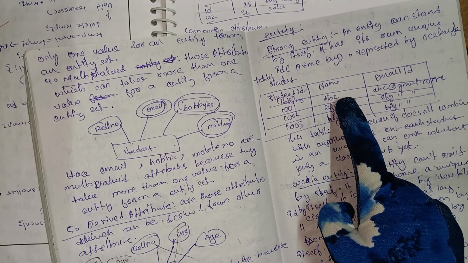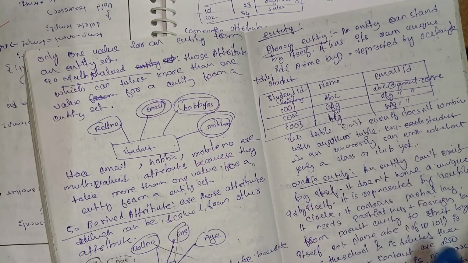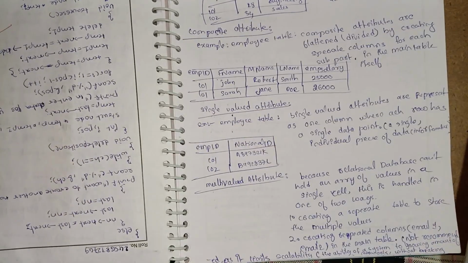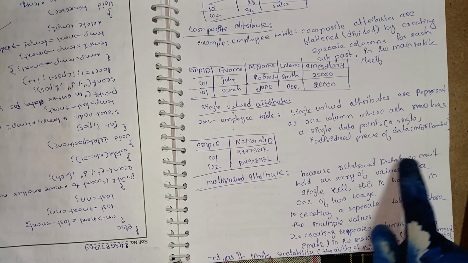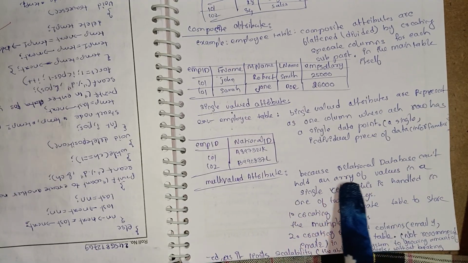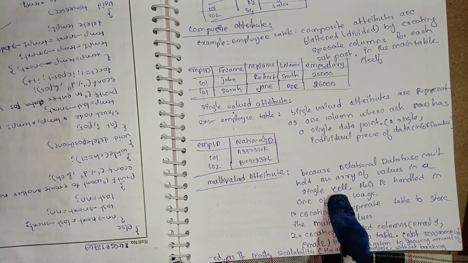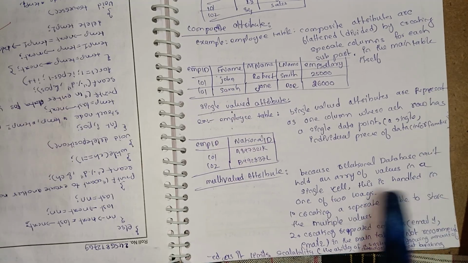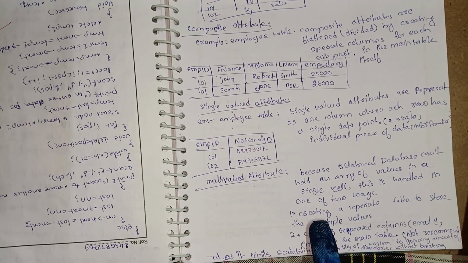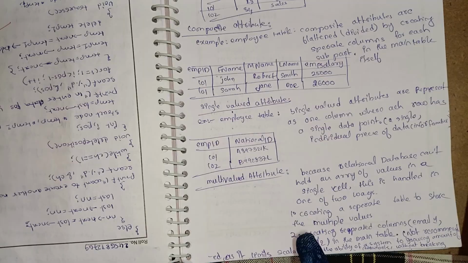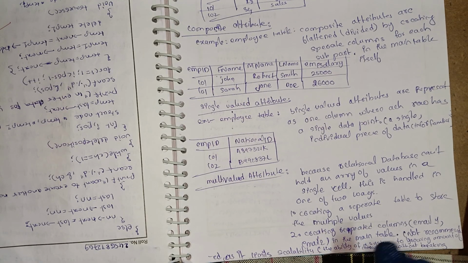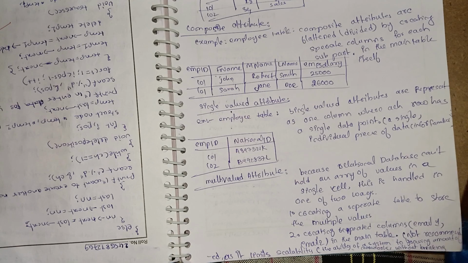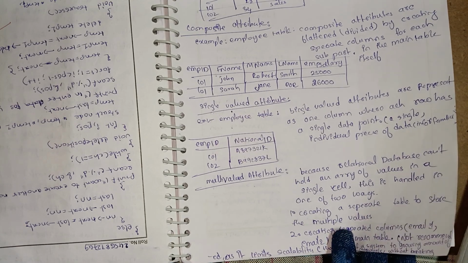We can't contain more than one name. That is what we are saying here. This is handled in one of two ways, that is creating a separate table to store the multiple values. Here we are creating a separate table other than the main table.